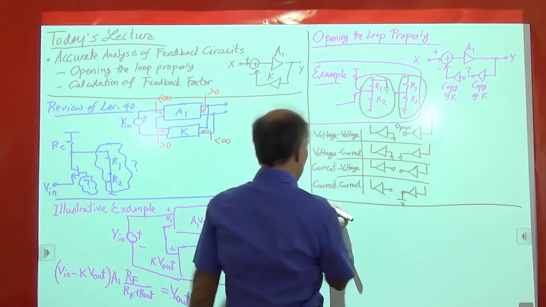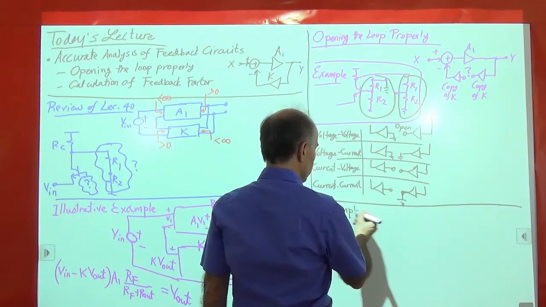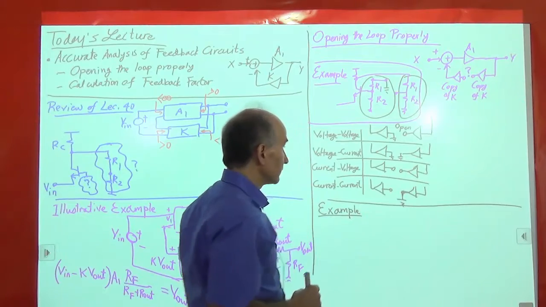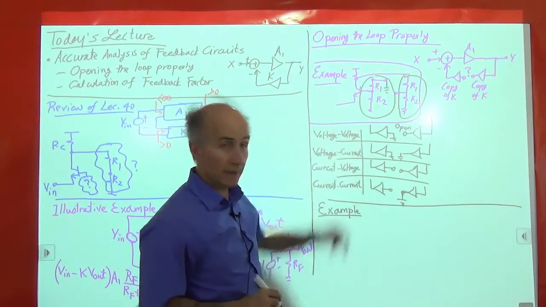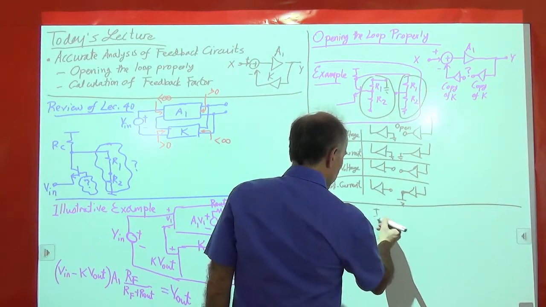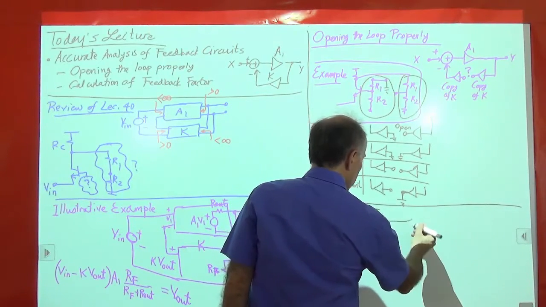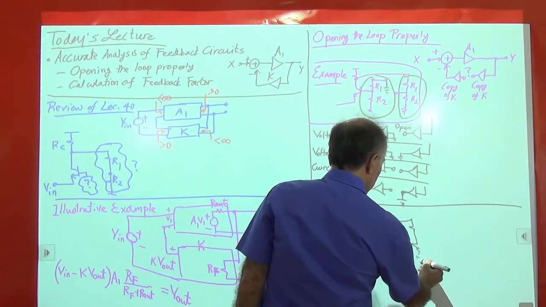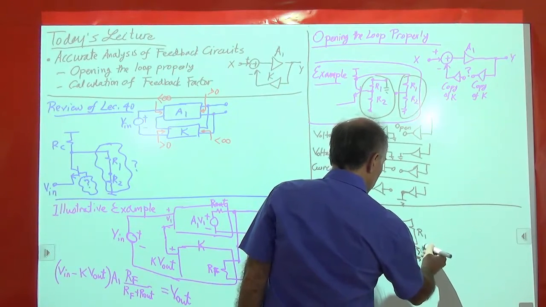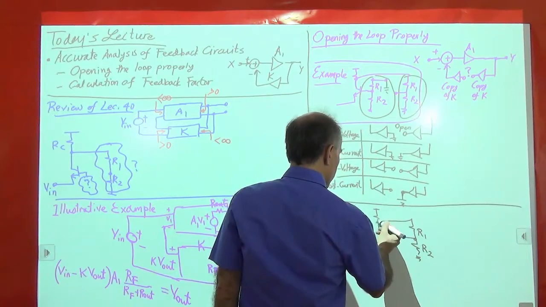All right, let's go over an example. Okay, so I want to revisit this just so that we are very clear. So here's our circuit. We are given this feedback circuit, and we are asked to find all of its parameters, gain and impedances and so on, right?